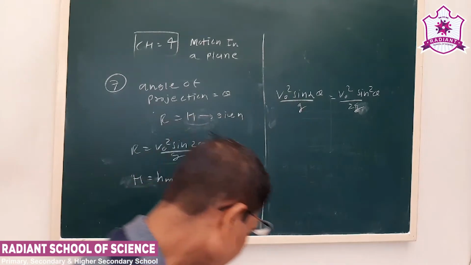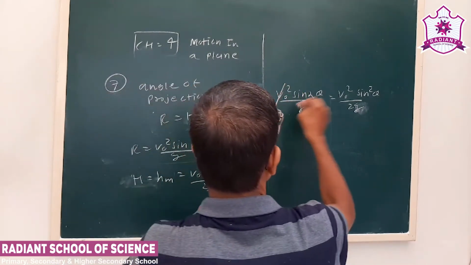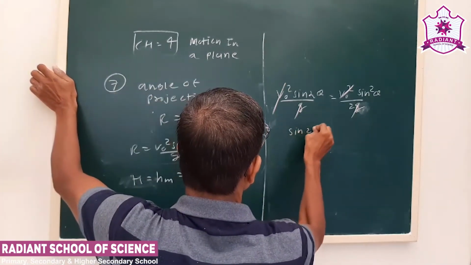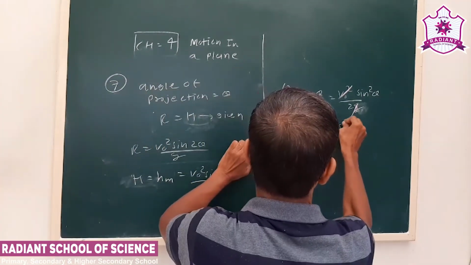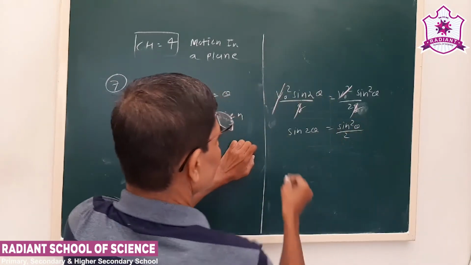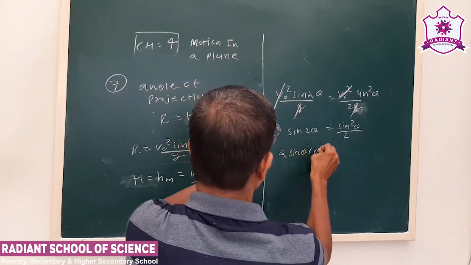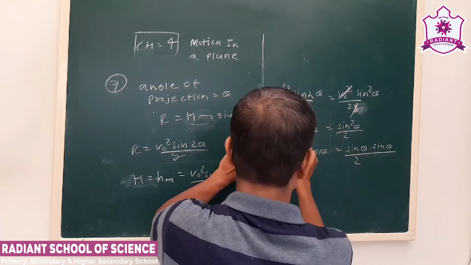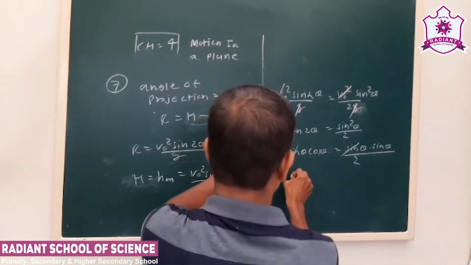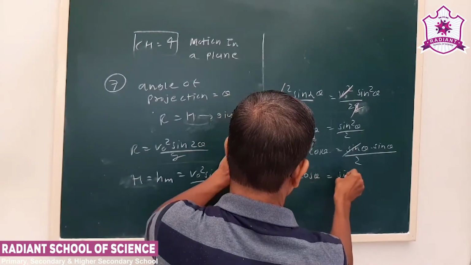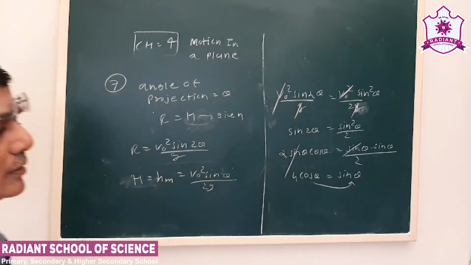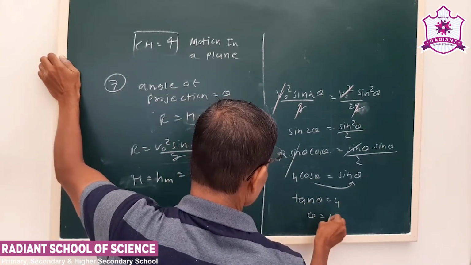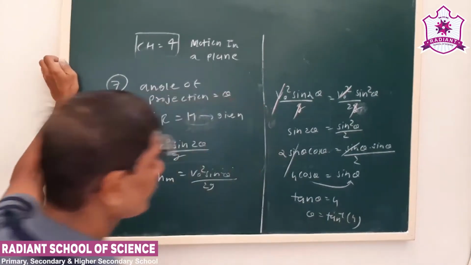Now we have to simplify. Sine 2 theta is 2 sine theta cos theta. Then there is 4 cos theta, which I will take in the denominator, so that will make tan theta equal to 4, or theta is equal to tan inverse 4.